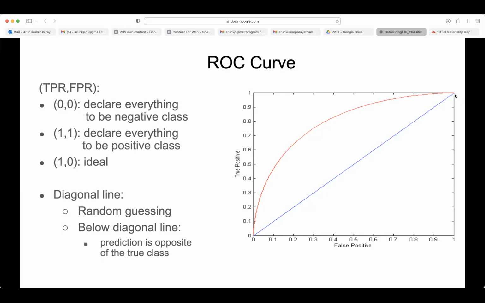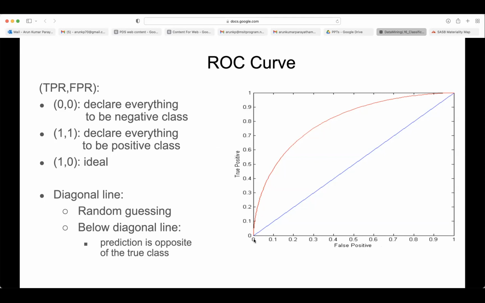The right upper corner is where, without doing any algorithm, we are predicting everything as the same class. Then you get the right upper corner case. And 0, 0 is nothing but declaring everything to be negative class. Then you don't get any positives, so the true positive rate will become 0.